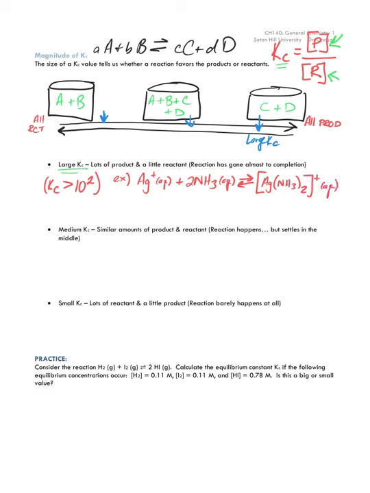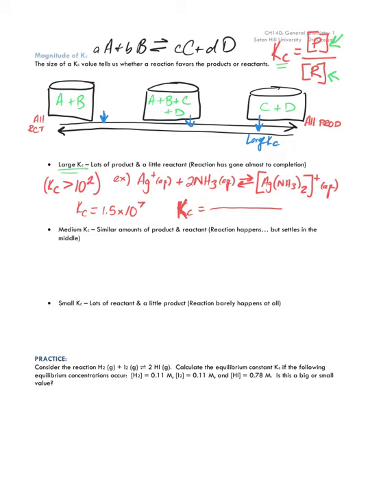This particular reaction has a Kc value of 1.5 times 10 to the 7th. For practice here, I'm going to tell you to write an equilibrium expression for this reaction. So when I post the answer key to this online, it'll be there. So practice it and check online and see if you did it right.